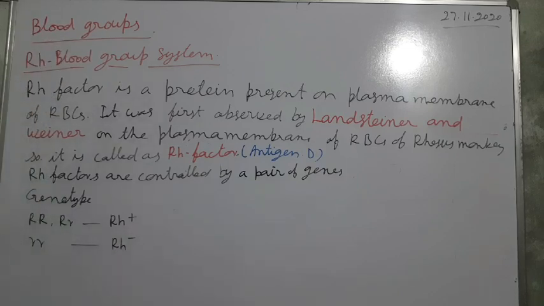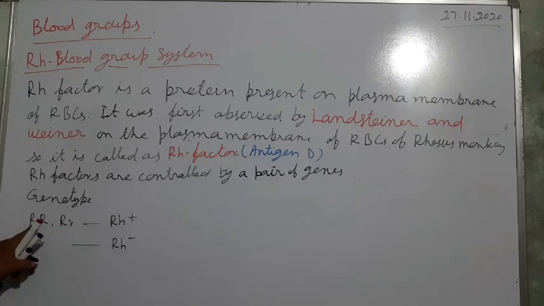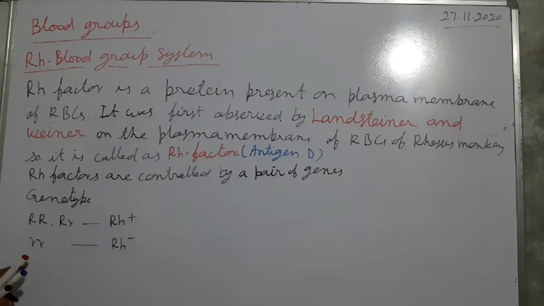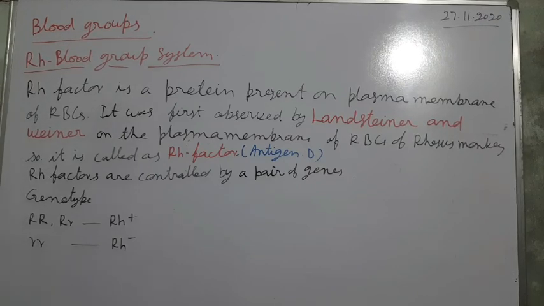So a genotype having capital R, with either capital R or small r, will be RH positive, and small r small r will be RH negative.